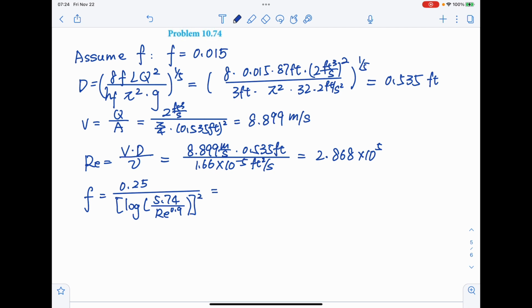And if you plug the numbers in, Reynolds number is 2.868 to the power of 0.9.